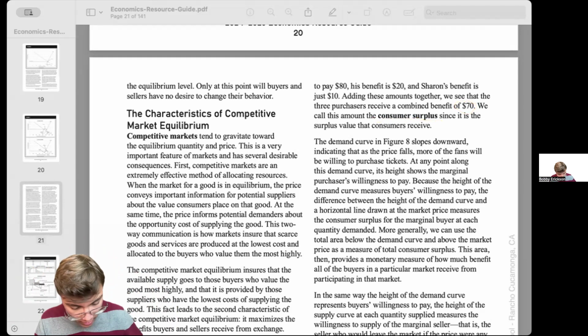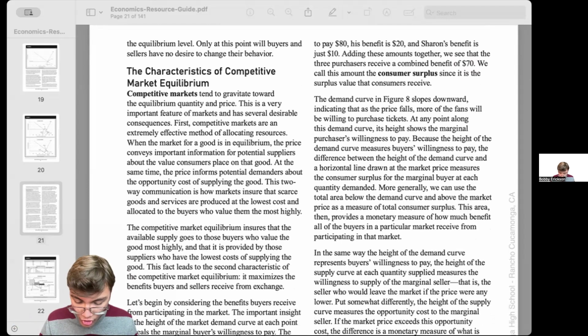Now, if we take a look at the demand curve in figure 8, we can see that it does slope downward. And so, as the price falls, more fans are willing to purchase tickets. And along the demand curve, the height shows the marginal purchaser's willingness to pay.